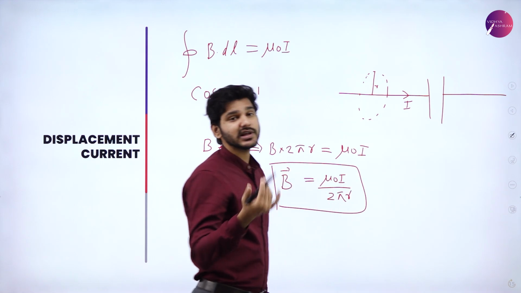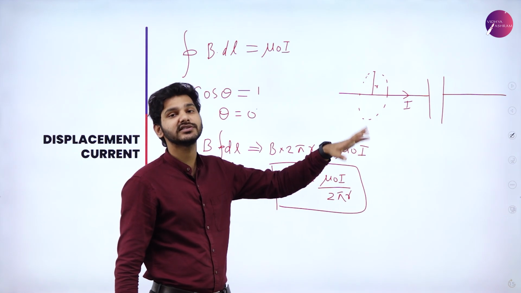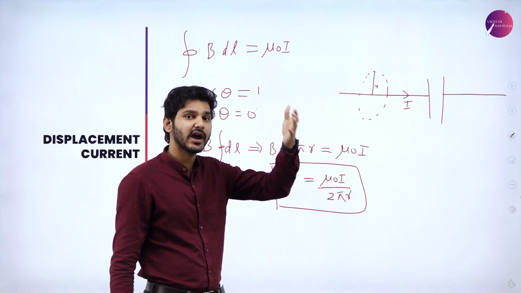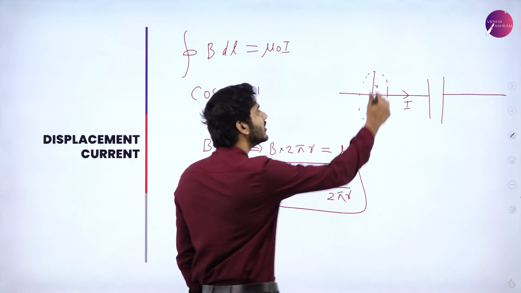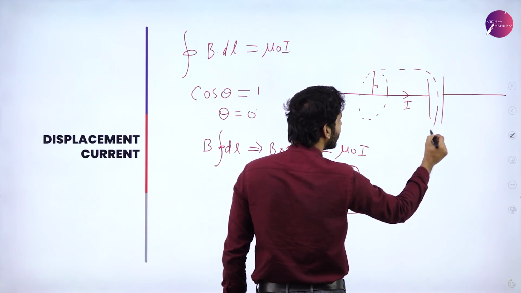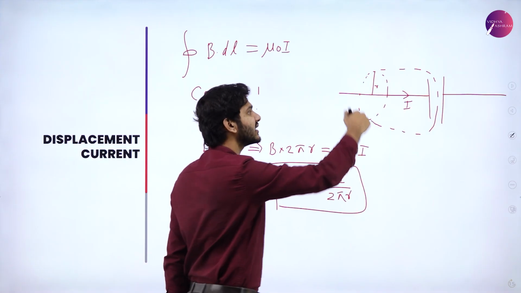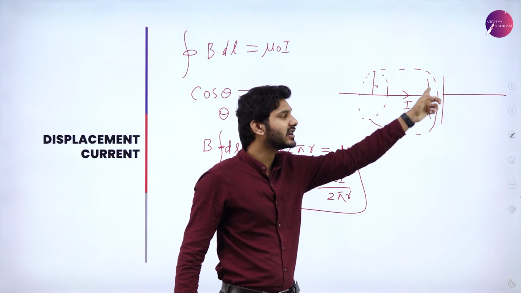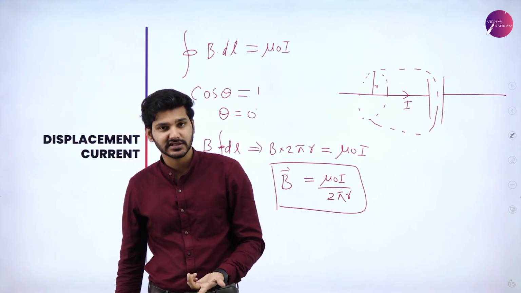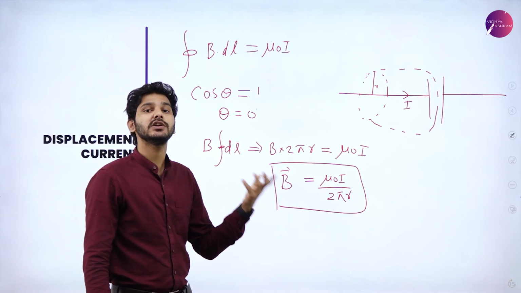So the way you actually have to do it mathematically is that you have to consider a semi-open surface, a surface in which one side is open, like a bag. If I take this region now, you can see that one side is open and the rest of the area is covered, which means if I take this region inside the capacitor and apply Ampere's circuital theorem, it should be true.